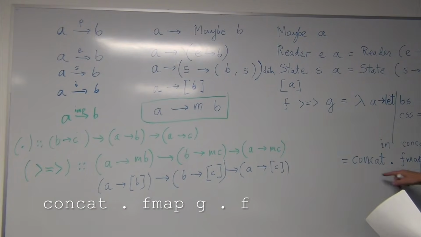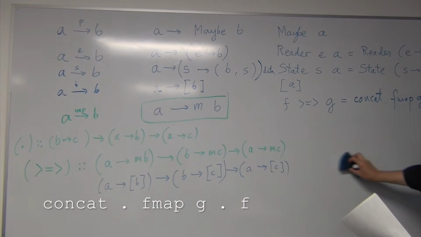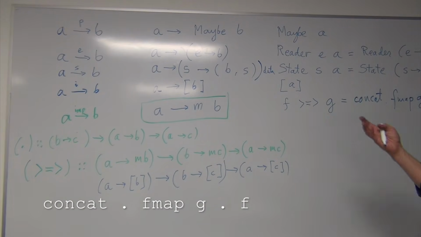And now we erase this so that nobody can see it, and we say, oh, this is obvious. It's concat . fmap G . F. That's so obvious, right? Can't do anything else.